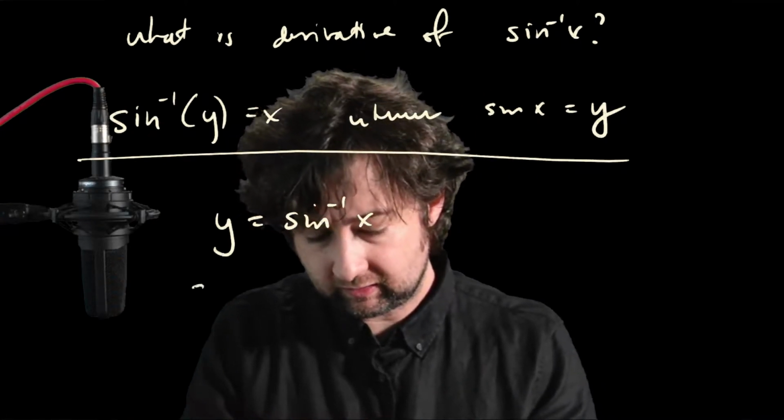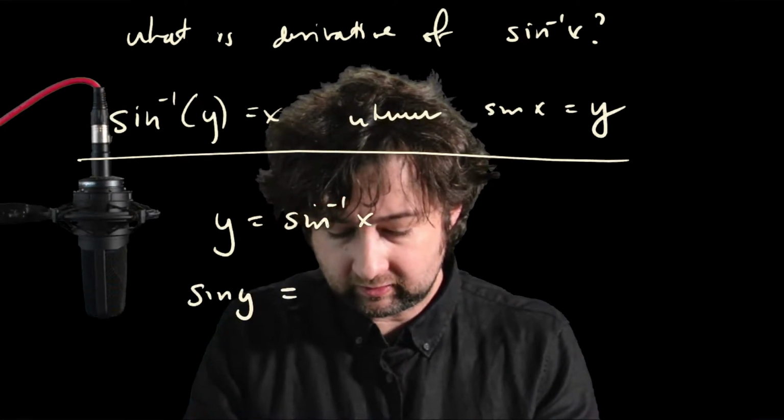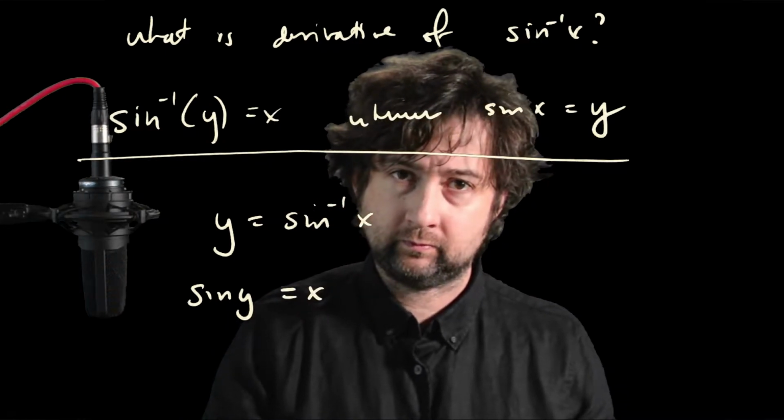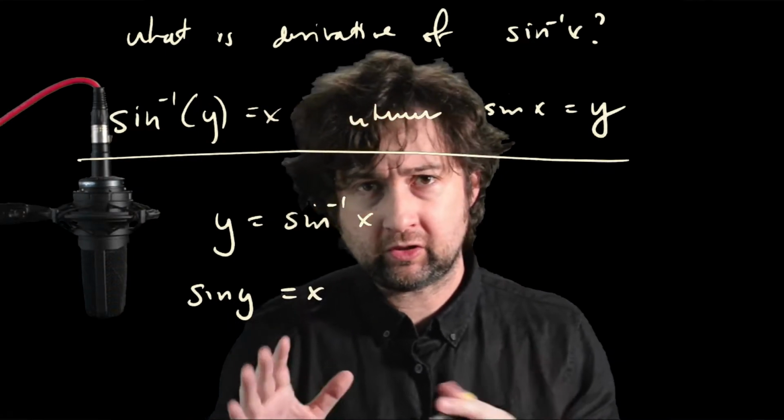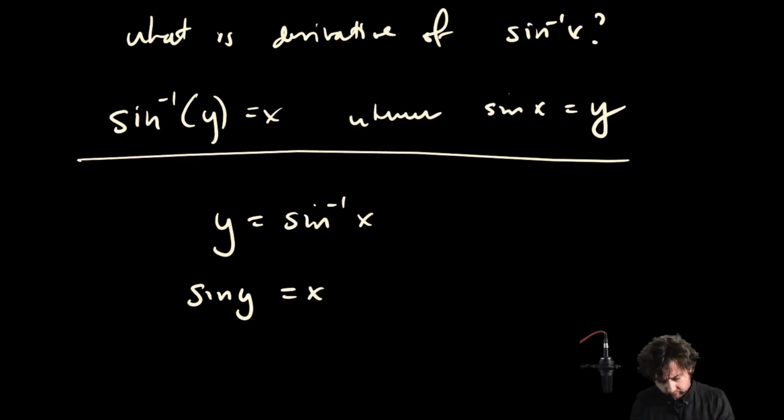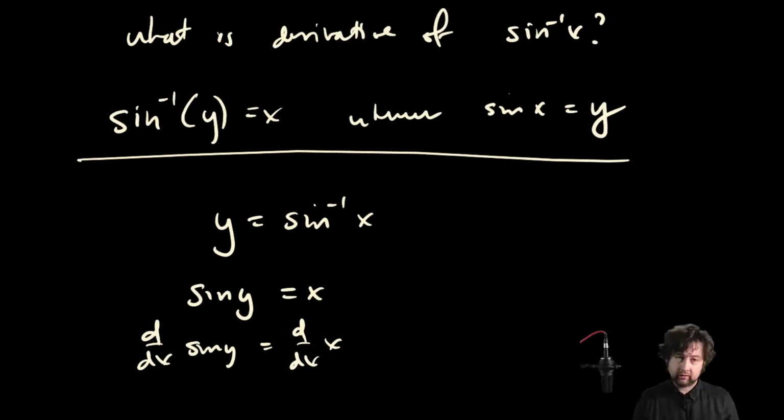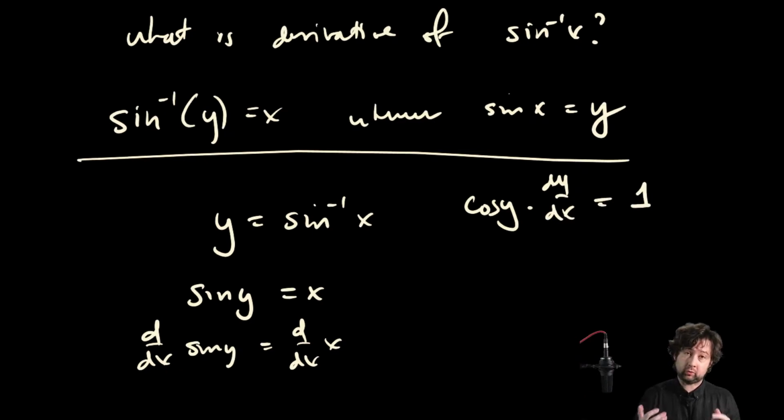And what I'm going to get is the sine of y is equal to x. Now let's use implicit differentiation on this thing. d/dx of the sine of y is equal to d/dx of x. So the derivative on the left-hand side is going to be equal to the cosine of y times the derivative of the inside, which is dy/dx. And on the right-hand side, we're just going to get the derivative of x, which is 1.